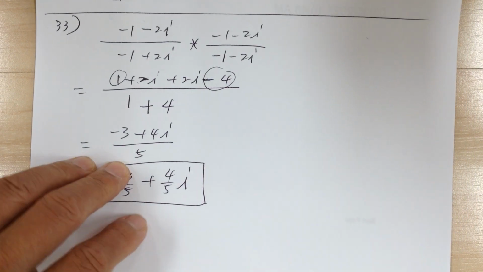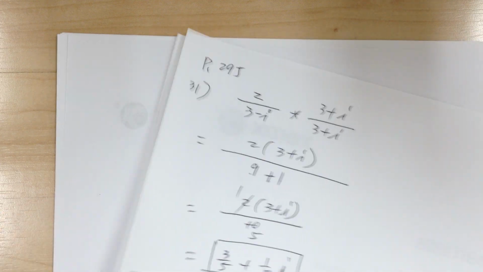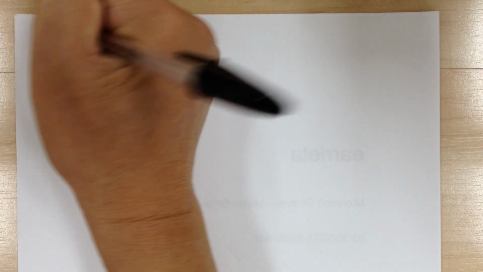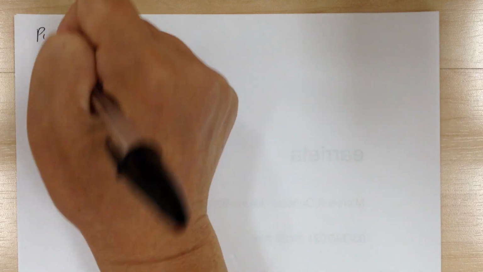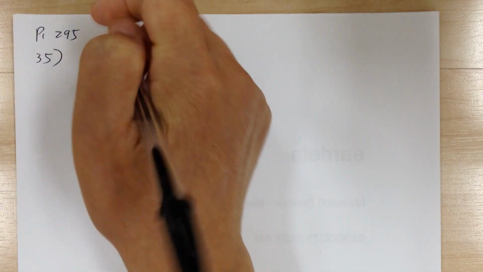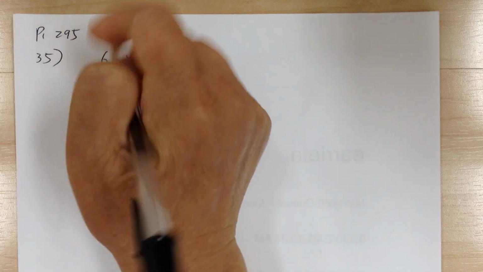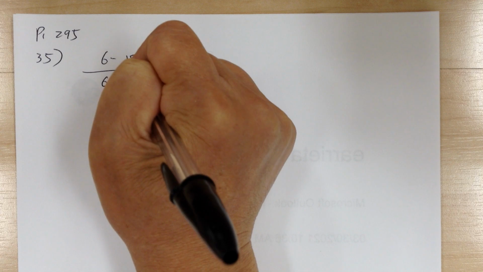Okay, next one. Okay, number 35, 6 minus square root of 2i over 6 plus square root of 2i.